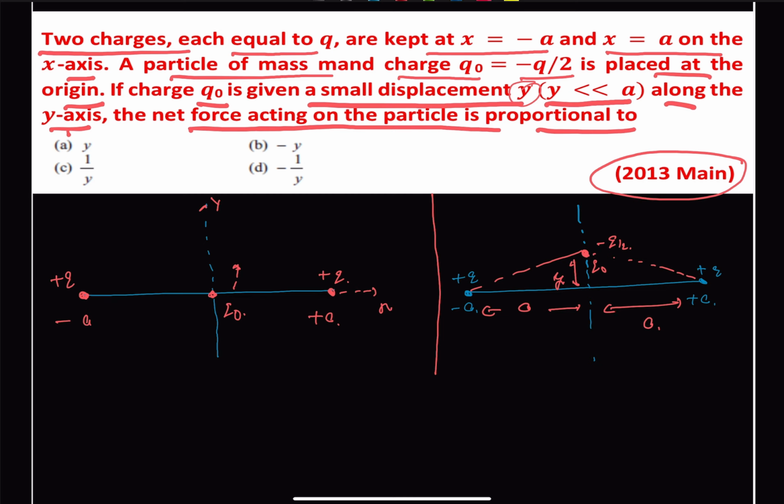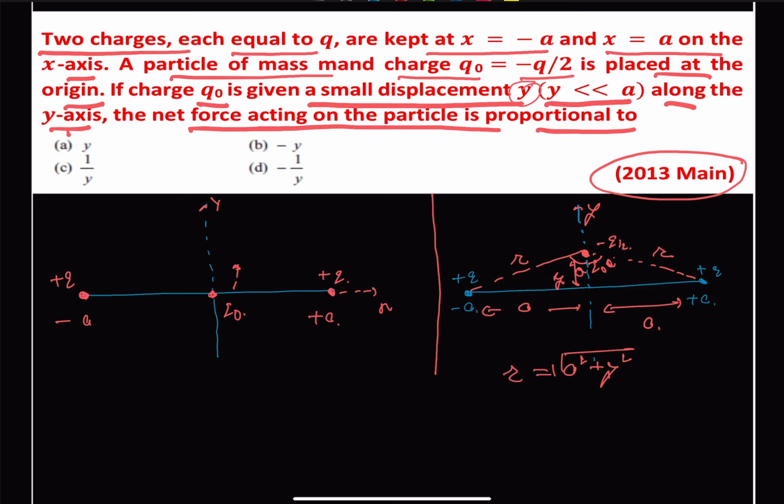Therefore, let us call this as our r. Then our r will be equal to the square root of a square plus y square. And let us assume it is making an angle of theta with the y-axis.